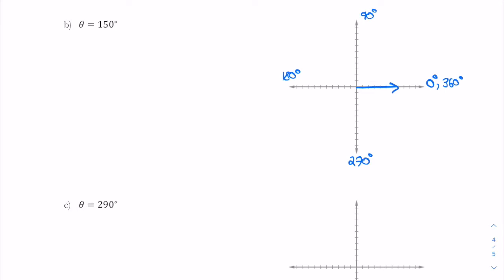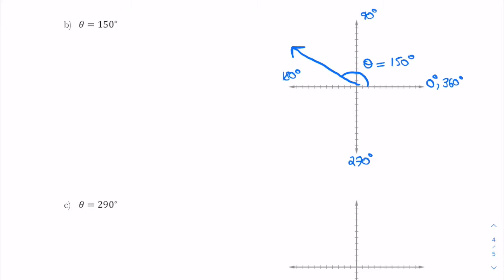Just in the interest of not cluttering the diagram, I won't, and we'll just go ahead and sketch the terminal arm. So we get that by rotating 150 degrees counterclockwise. That's going to place us somewhere in quadrant 2. Once again, I don't need you to use a protractor, just a sketch is fine. And that'll place us somewhere there. You do have to label your angles though. So here we have theta equal to 150 degrees.